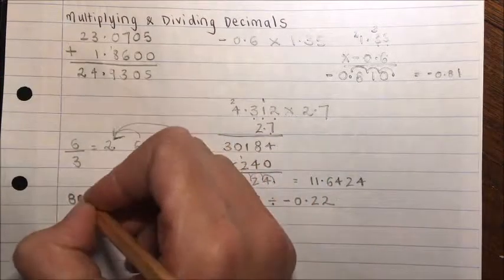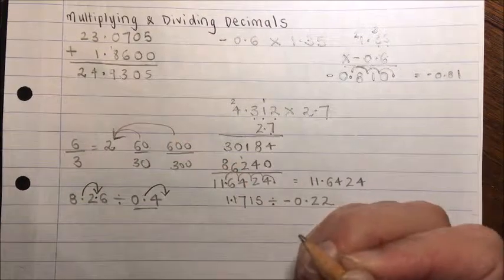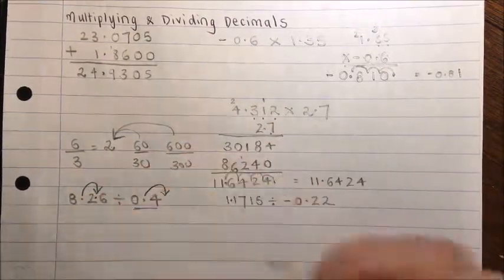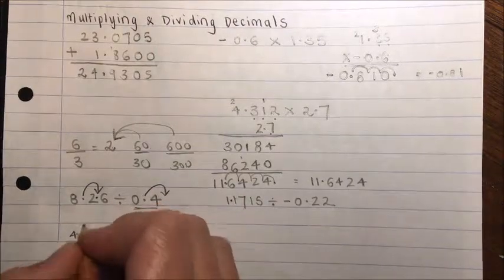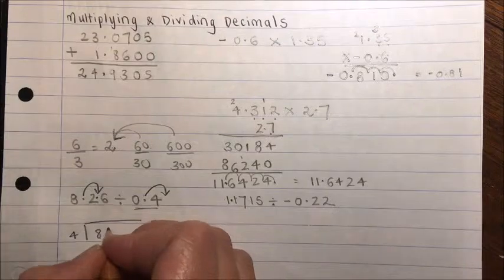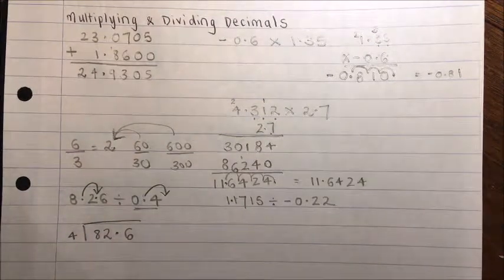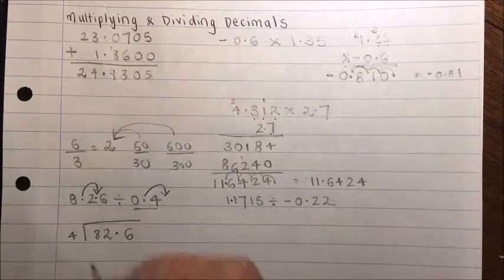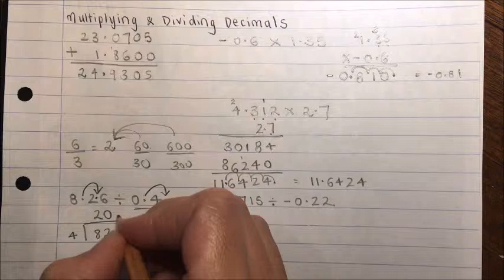So what I've done to this one, I've got to do to the other, and I've got to move that one pace, essentially also multiply it by 10. So then I get 4 into 8.6. Excellent.